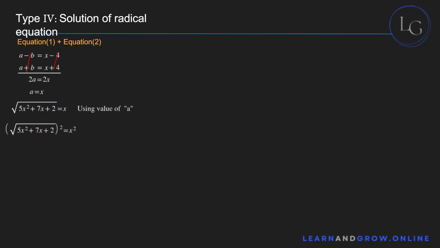So you'll square on both sides. This radical sign will be cancelled out, and so you'll get a quadratic equation.